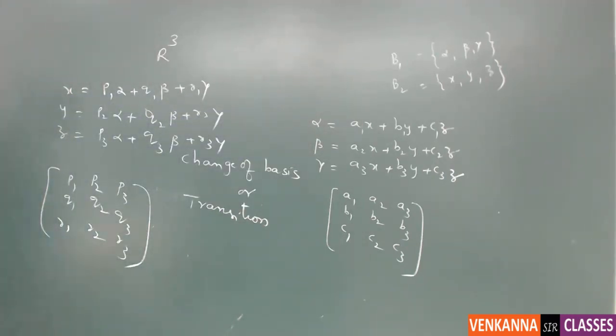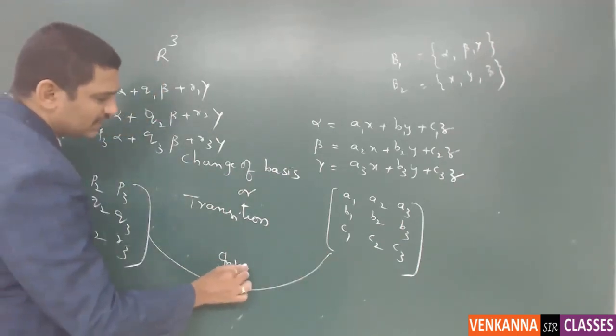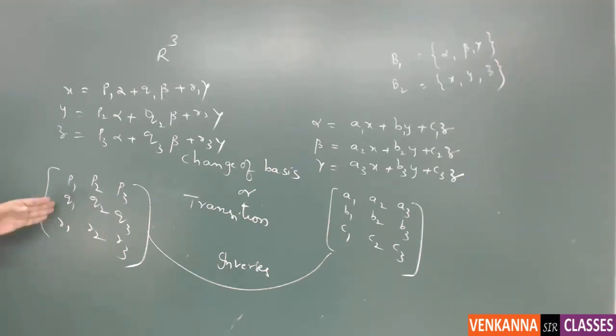What is the interconnectivity here is nothing but these are inverses to each other. So if you know one matrix, there is no need to write the other matrix because the other matrix is inverse of the first one. That's it.